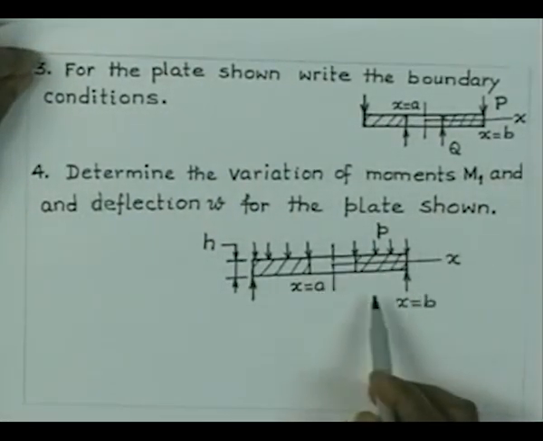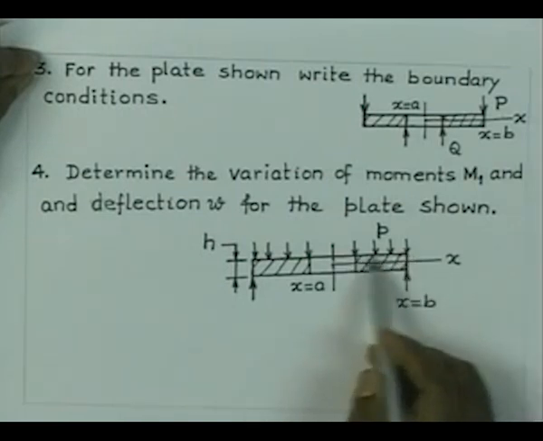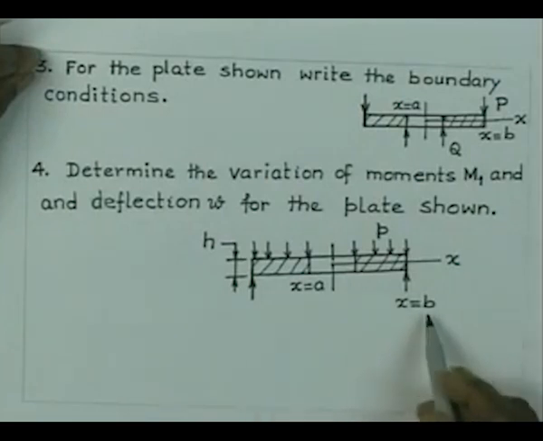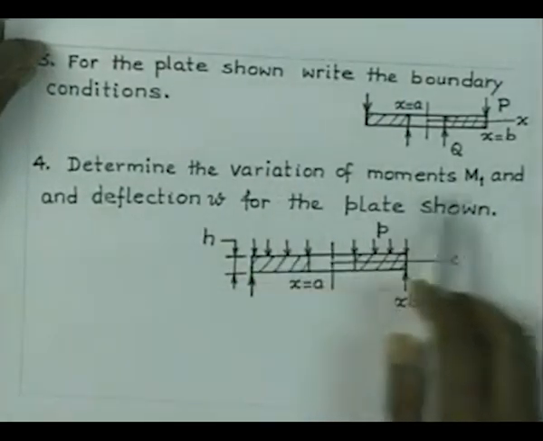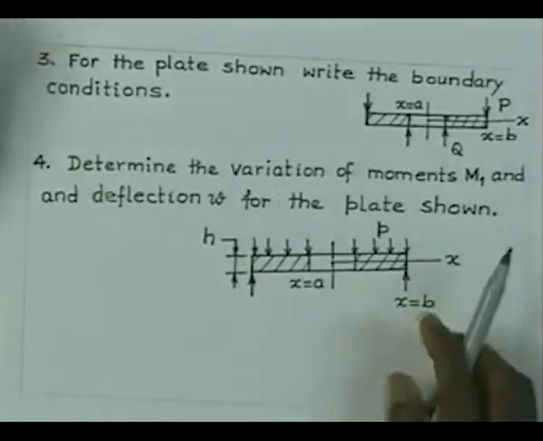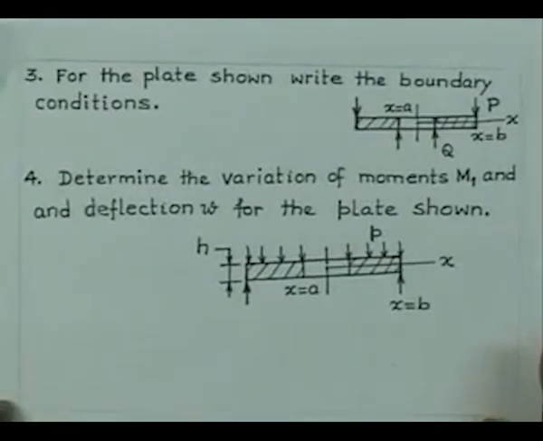For a plate like this, wherein it is supported at the edges and distributed loaded over the annular area, which is from x equal to A to x equal to B, determine the variation of moments M1 and deflection W for the plate shown. So, you can follow the steps that we have given you earlier and get the answers to these problems.